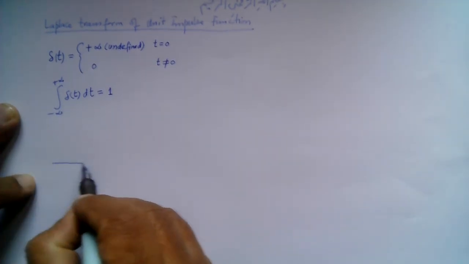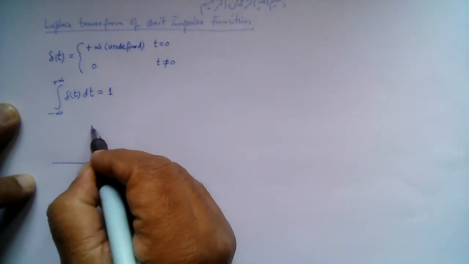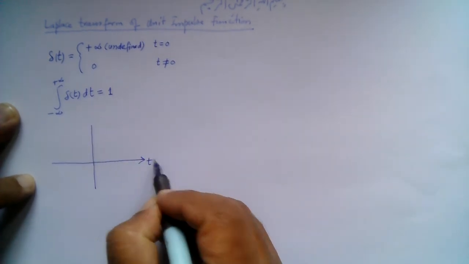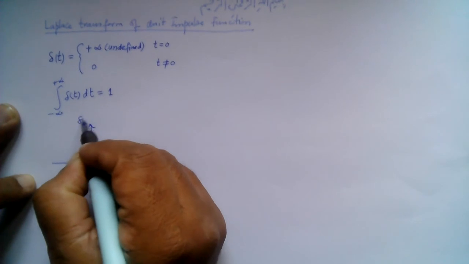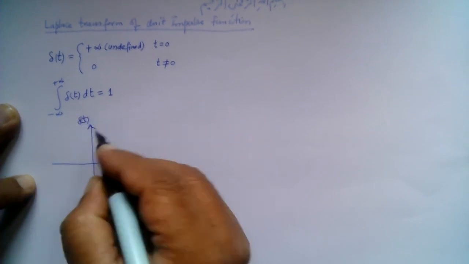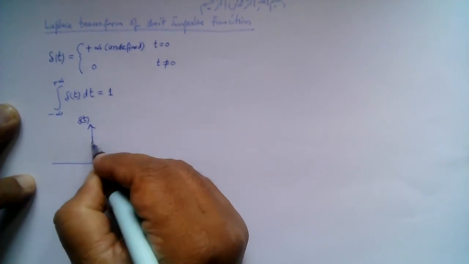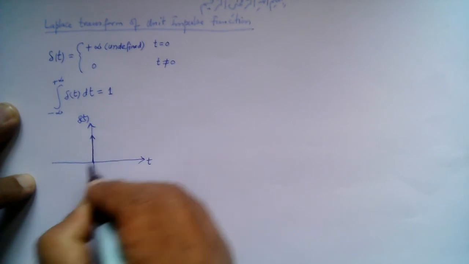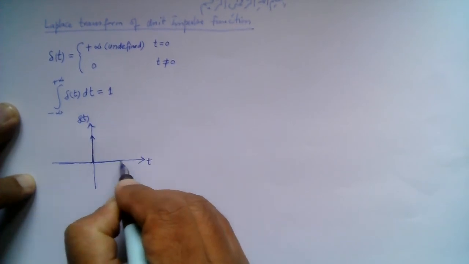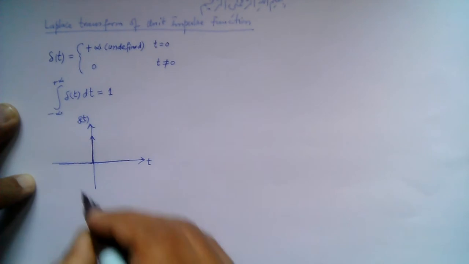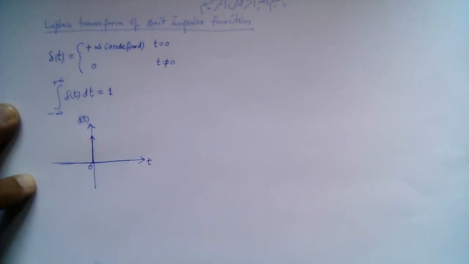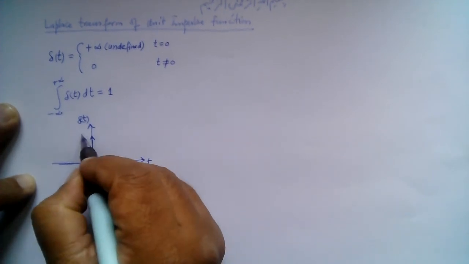So it can be plotted like this. We have t here, this is del t, and it goes on like this, right? And it's 0 elsewhere, and this is the origin, and we put a 1 here.